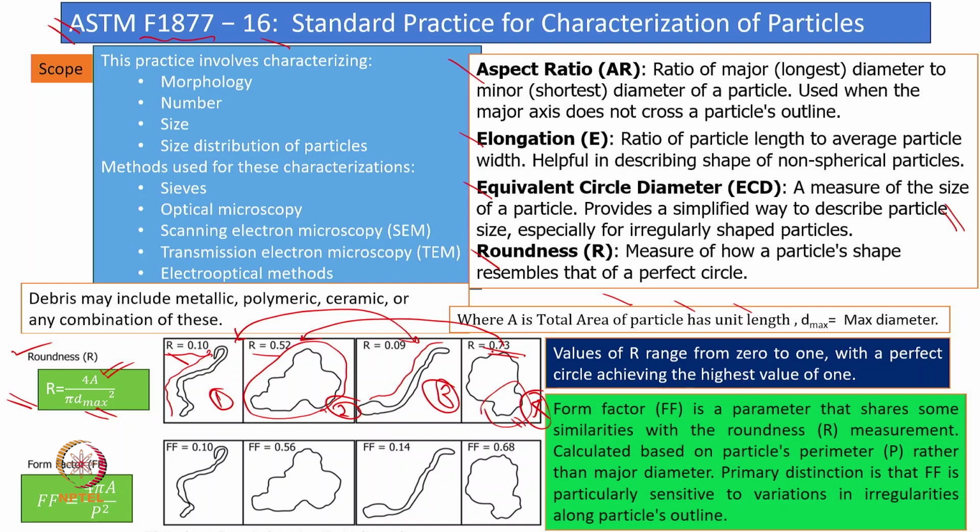Here one measurement comes out to be 0.73. Now coming to the form factor, I believe the form factor is more useful compared to the roundness factor. The reason being, we are talking about the perimeter. I prefer the form factor compared to the roundness factor because here we are choosing the complete perimeter, and the perimeter gives a complete dimension. So if there are irregularities, the perimeter can easily capture that.